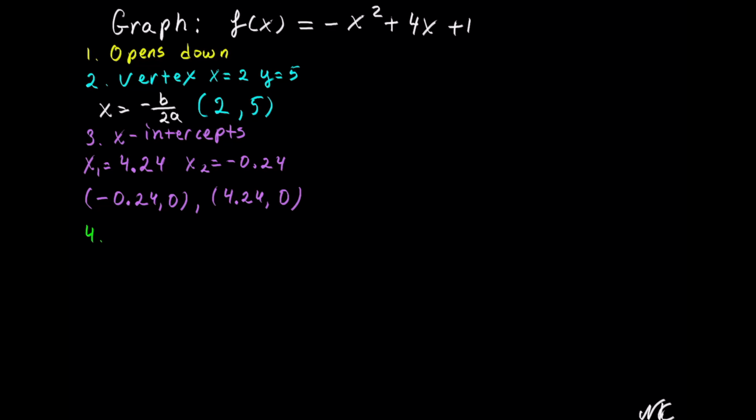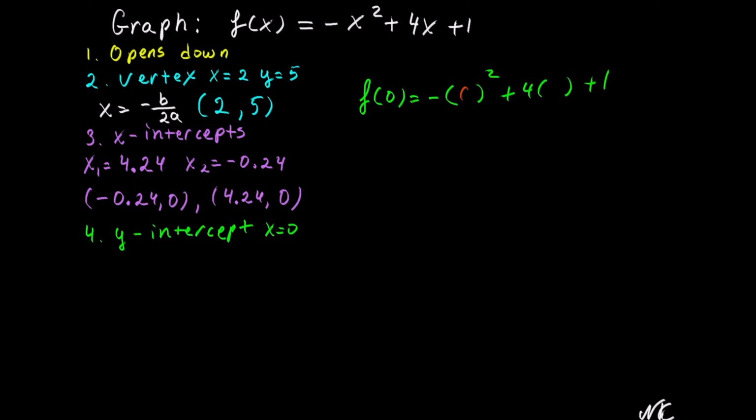The next thing we need to do is to calculate the y-intercept by setting x equal to 0 and calculating f of 0. We do so by plugging 0 into the original equation of negative x squared plus 4 times x plus 1.